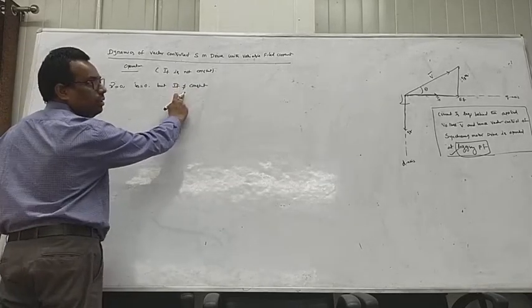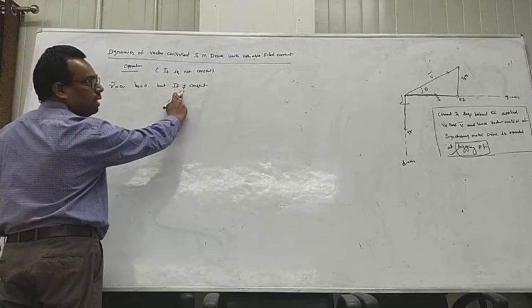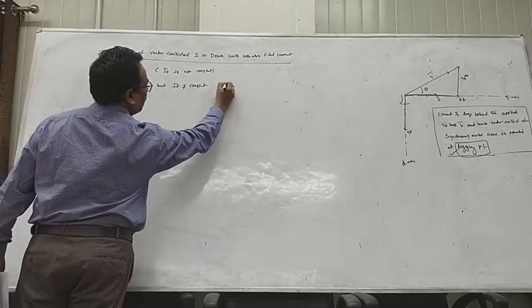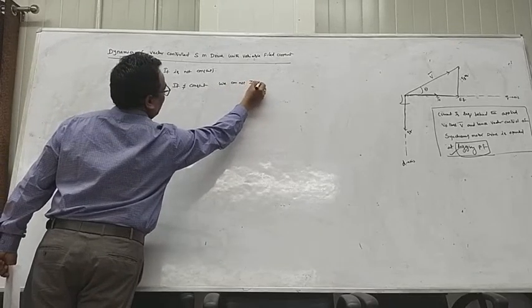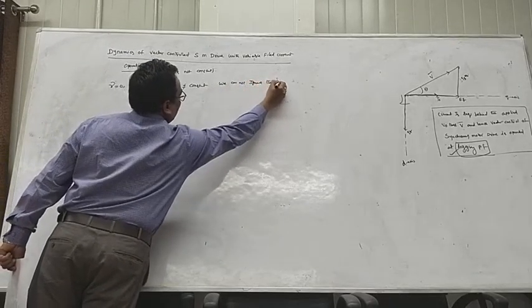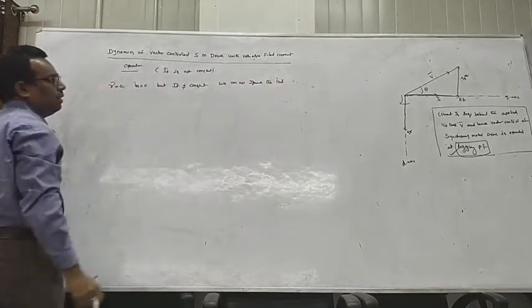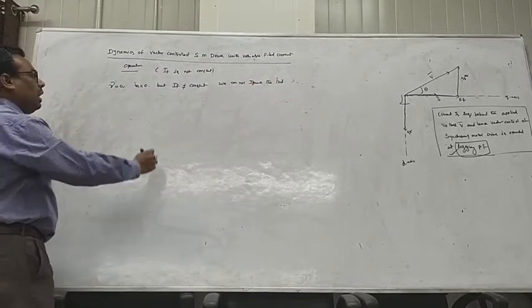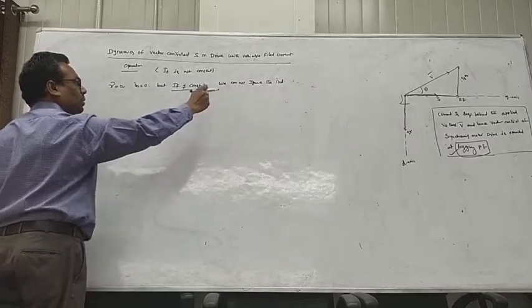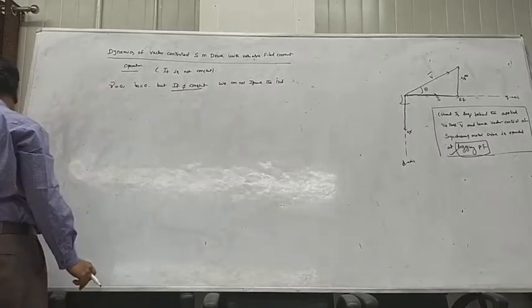So if field current is not constant, we cannot ignore the IKD. Now you may consider damper winding current also. As your field current changes, your damper winding current also changes.